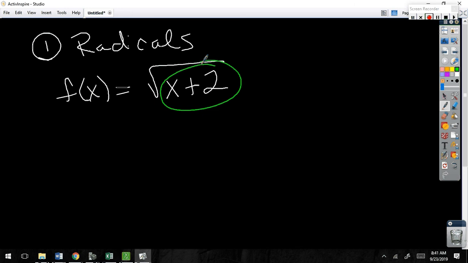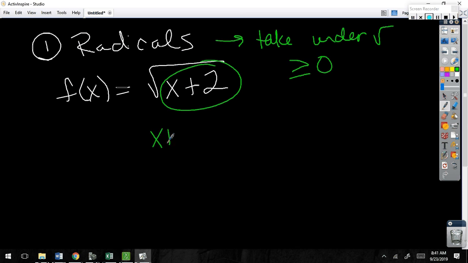Starts with a P, positive, right? So we take what's under the radical and make it greater than or equal to 0, because that's how I make it positive. Since I'm describing domain and domain is x, if I describe this, I've also described the domain.